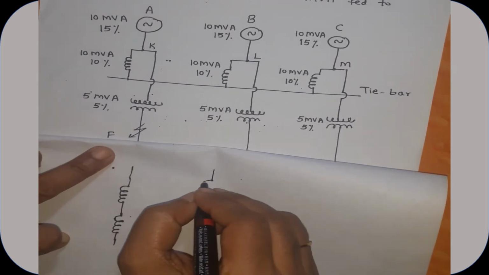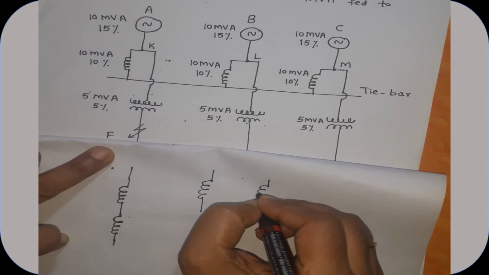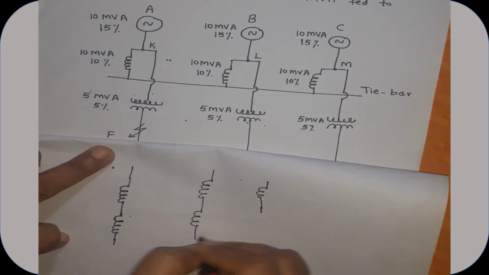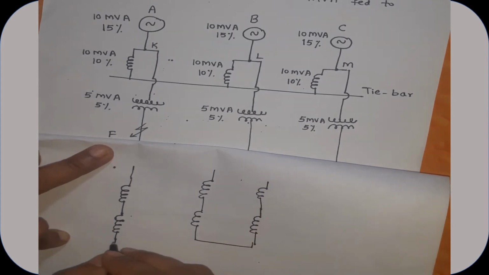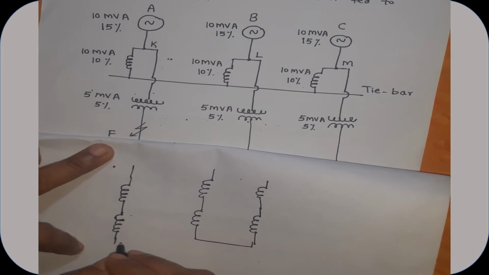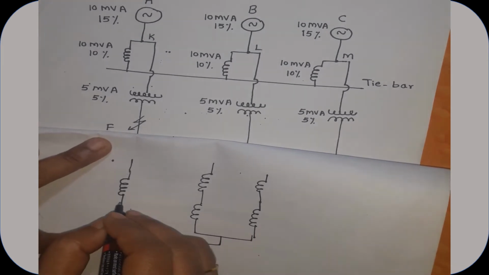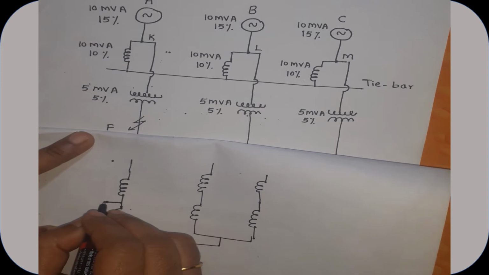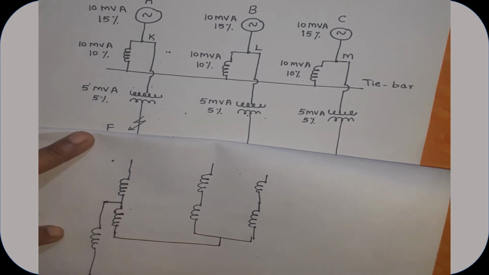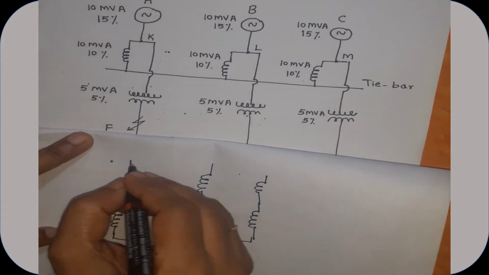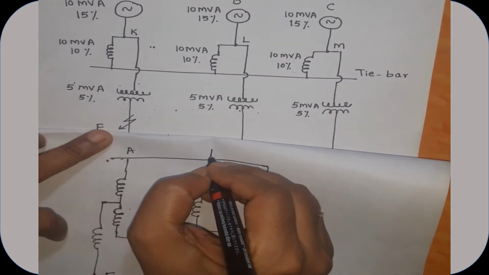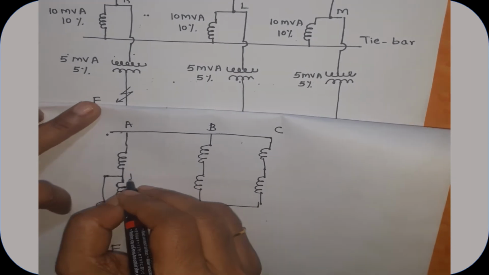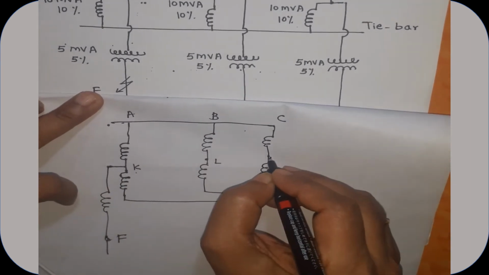We have 2 more generators and 2 more reactors in the system. When the fault occurs, this is A, B and C. This is K, L and M.